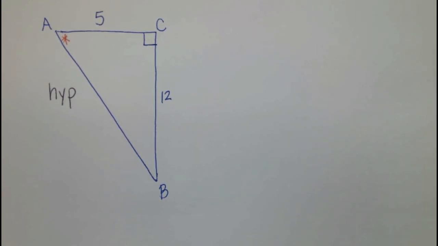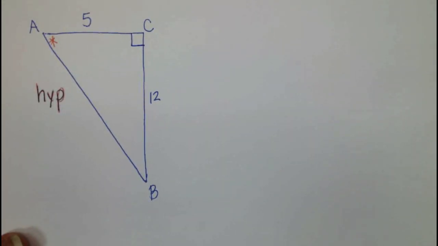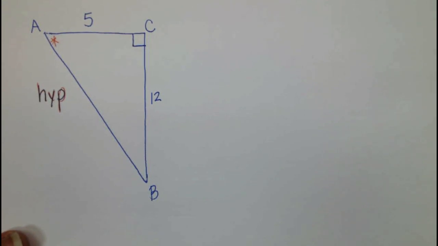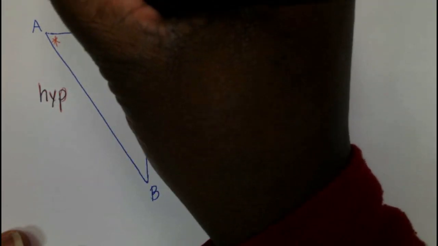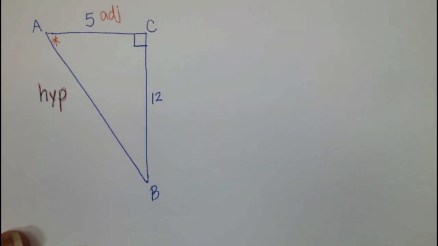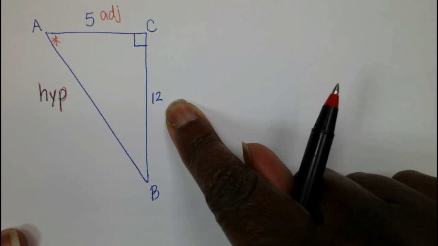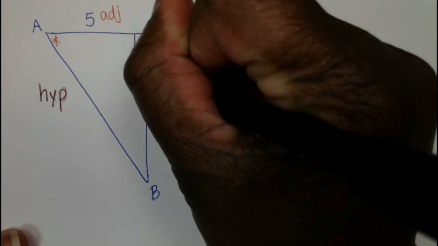That's what we're solving for. Let's make it red because I can't see it. Okay, so that's the hypotenuse. This has to be my adjacent because it's touching A. This is opposite, or across from my A.